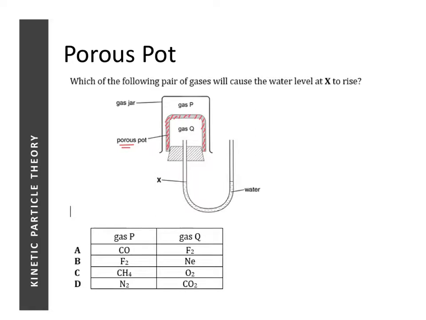Okay, so if we were to look at the diagram, there is a gas inside the porous pot, there is a gas outside the porous pot. So what it means is that the gas Q inside the pot can diffuse out of the pot, whereas gas P can diffuse into the pot. Now, depending on the gas particles in P and Q, we will see two different scenarios.